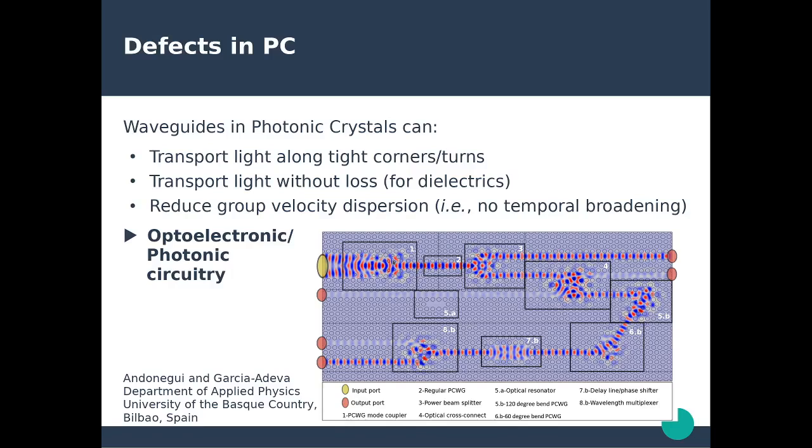So you have some optical resonators, some phase shift or delay lines, multiplexers, beam splitters, and so on and so forth. You can realize different types of functions, and then from there you have output ports where the light will be emitted. You can control whether or not there's light, if you have constructive or destructive interference, and so on and so forth.